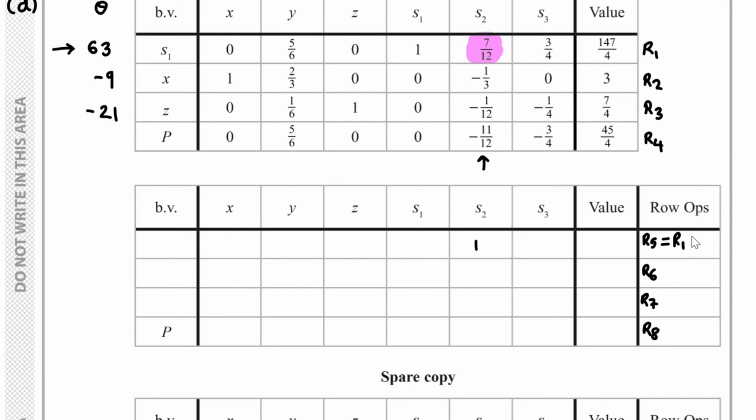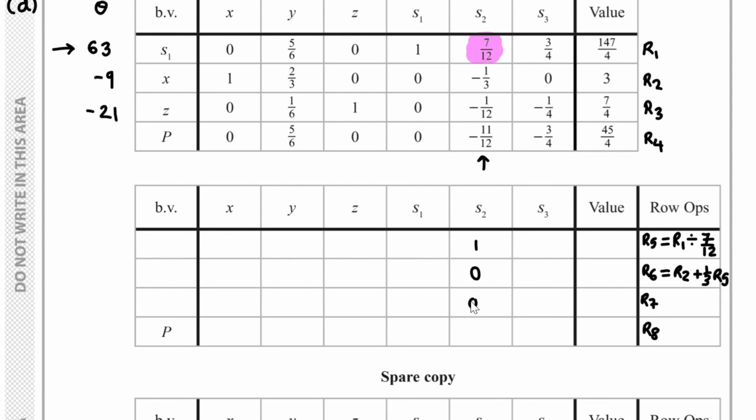So we'd have to divide row 1 by 7 over 12. Now, we want a 0 here, so how do we go from the minus 1/3 to 0? Of course, we'd have to take our second row and add on 1/3 of row 5.